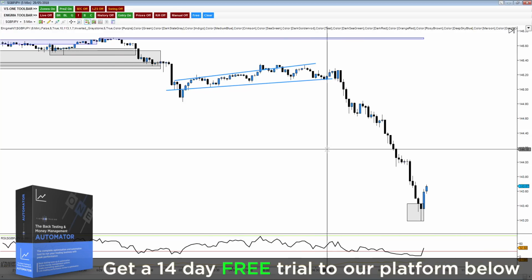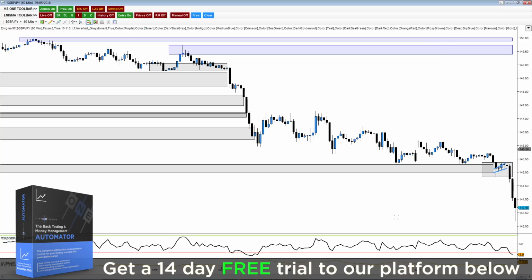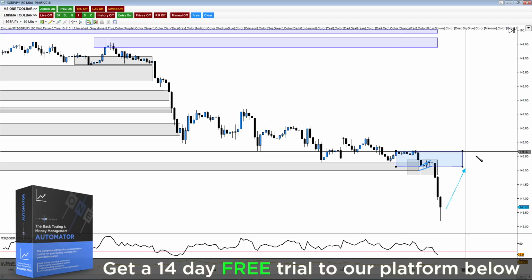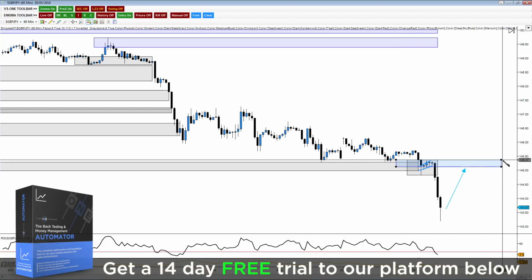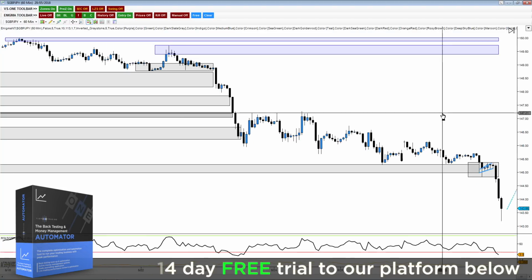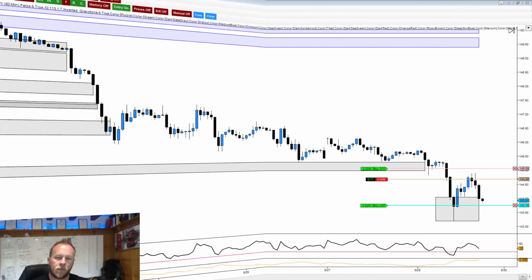We've just got to wait for a pullback. If we get a pullback, we can start looking at structure levels and then start building out where we're getting in. Same as the other pairs, very similar. So not too much at the moment. There's not anything on the lower time frame.